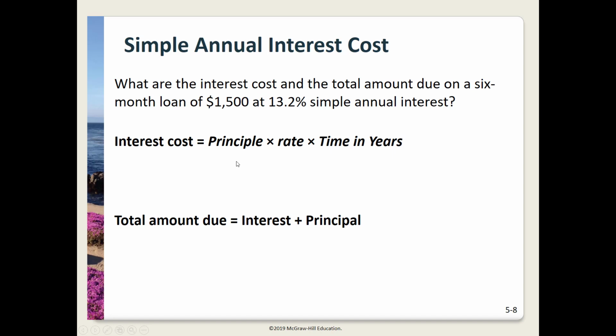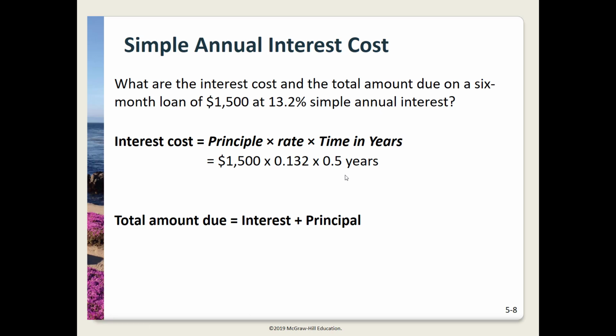So we'll take our principal of the $1,500. Here's our rate of 13.2% or 0.132 in decimal format. And then remember that the time has to be in years because, again, we're looking at annual interest. So because we were doing 6 months, we'll take the 6 months divided by 12 months. So we know that's half a year.